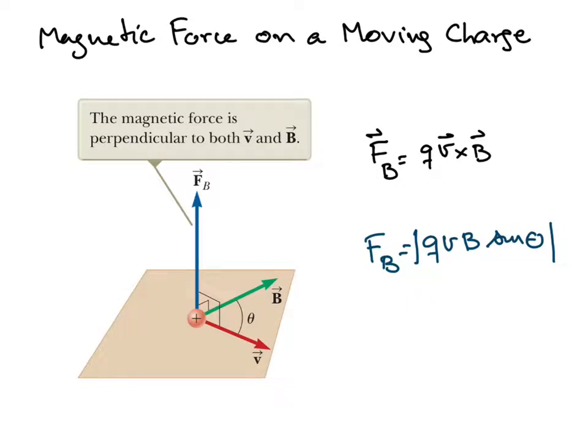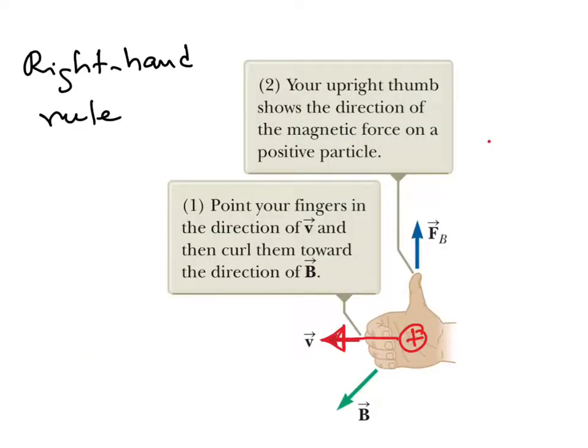We can write this into two parts. This is F_B, which equals q times v cross B. This v cross B will have the direction perpendicular to the plane formed by the vectors v and B, and follow the right hand rule.